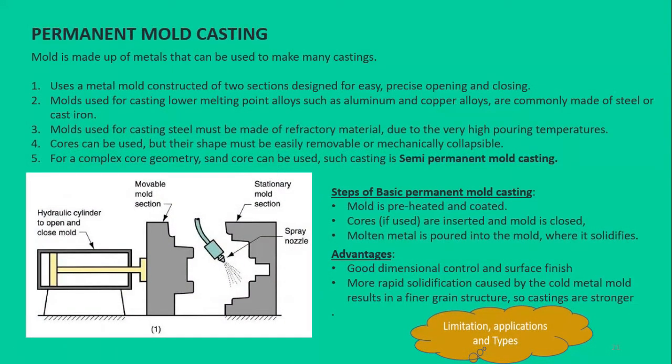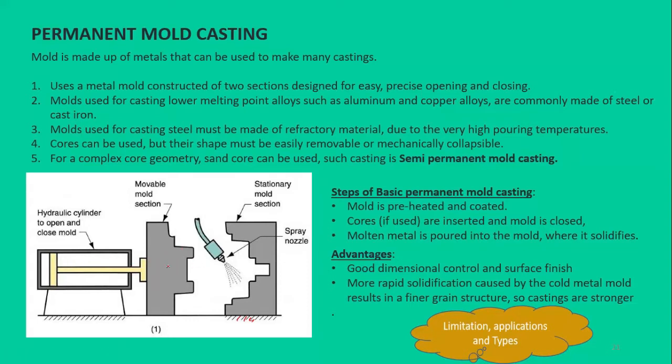in this type of casting, the mold consists of two sections that are designed for easy and precise opening and closing, right? If you see this figure, we have the mold, two sections of the mold. One is stationary and the other is movable with some mechanism, either piston, cylinder, hydraulic, or the reciprocating motion of a piston, right?